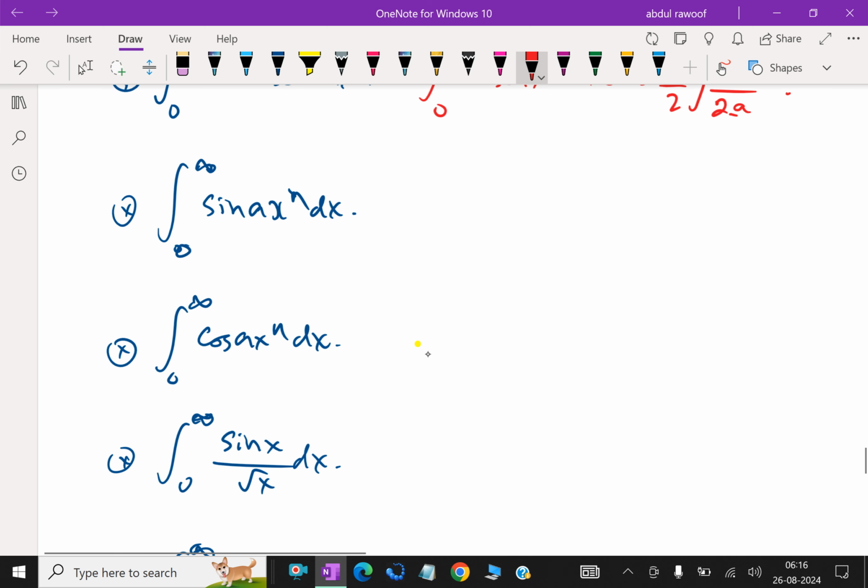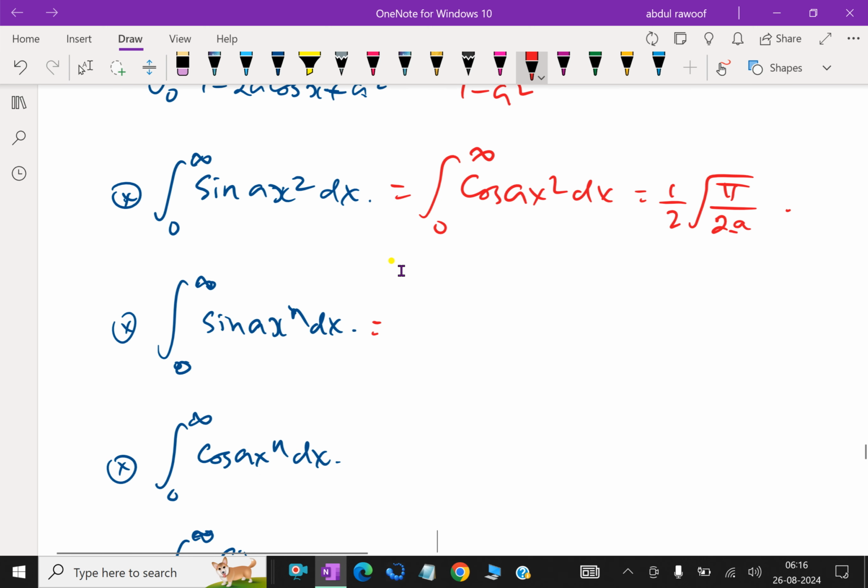Next one, integral 0 to infinity sine a x power n.